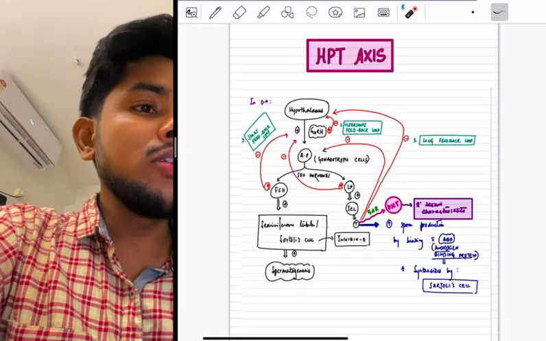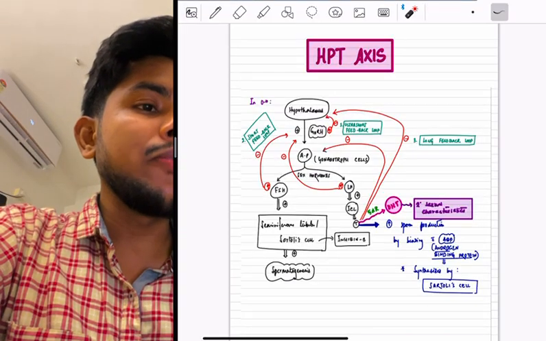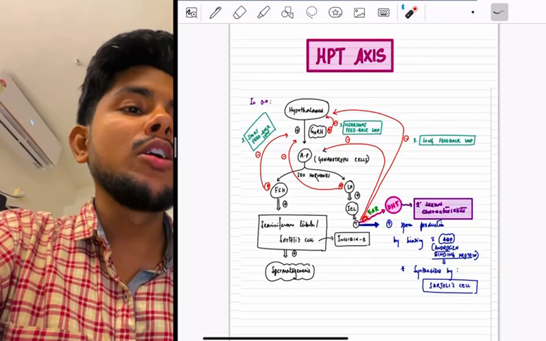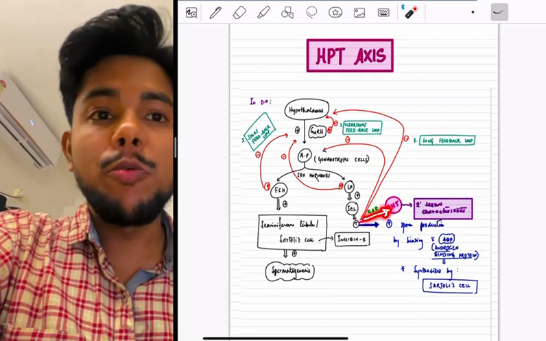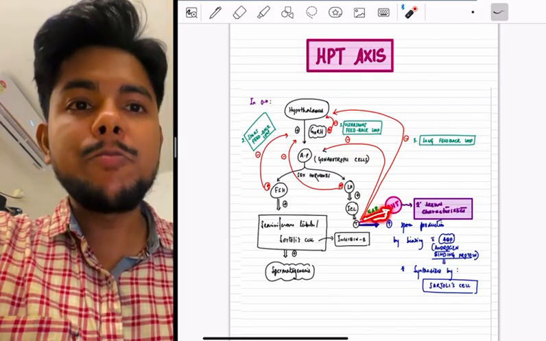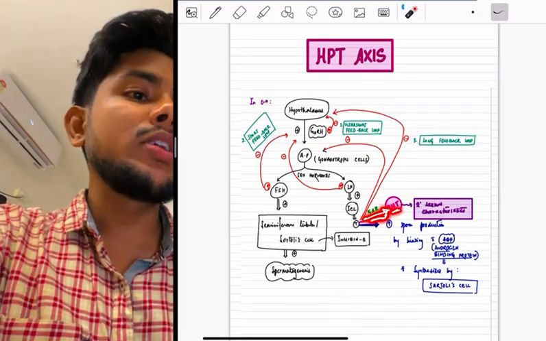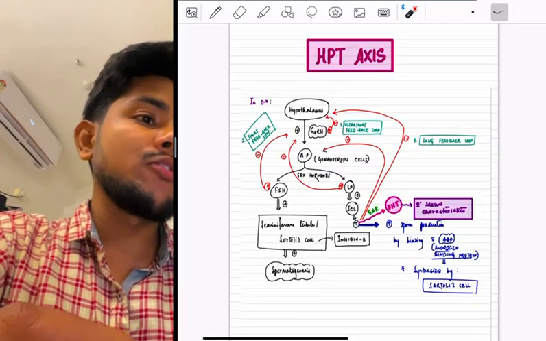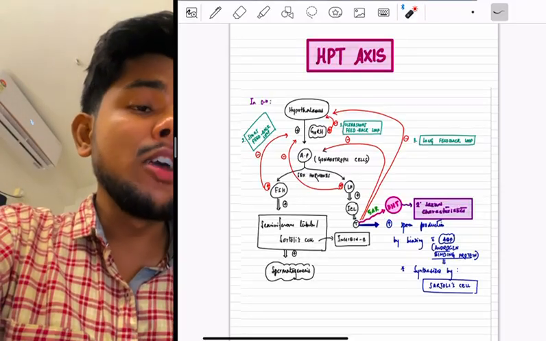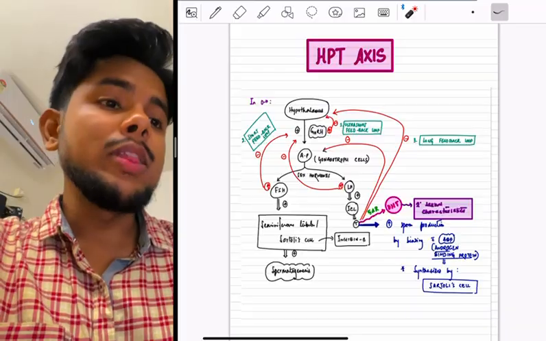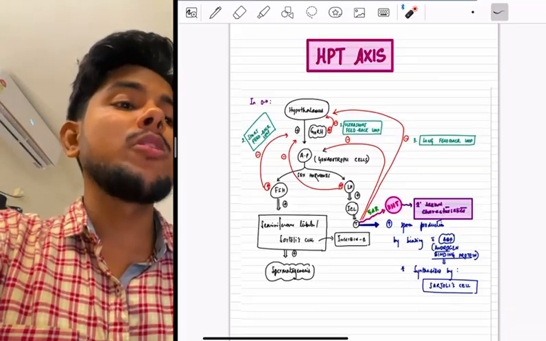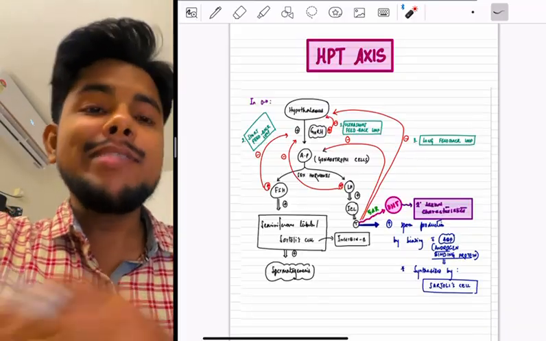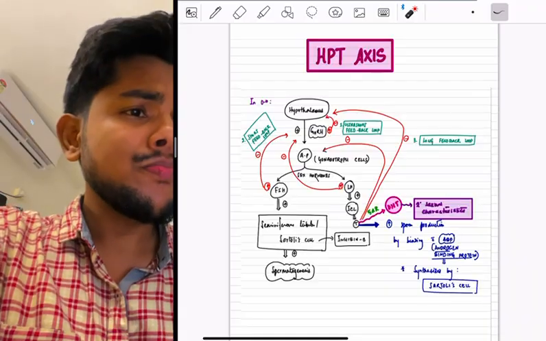Now testosterone is converted with the help of the enzyme 5-alpha reductase to its much more potent form. It's like the big brother of testosterone. We call it DHT, or dihydrotestosterone. These two androgens, testosterone and dihydrotestosterone, are responsible for all the secondary sexual characteristics in males.